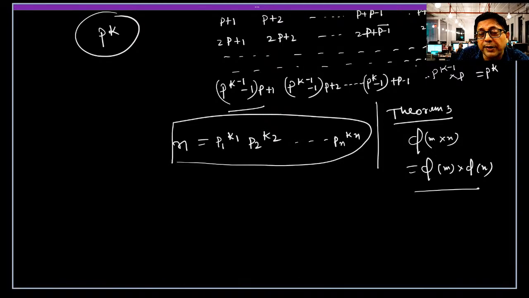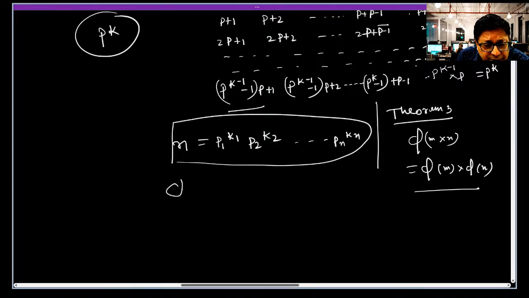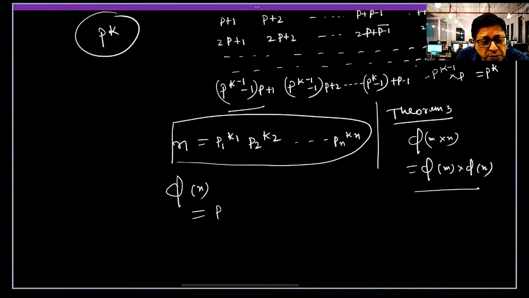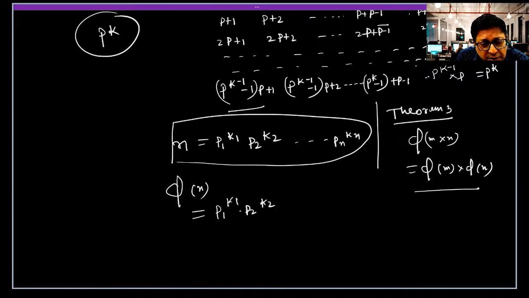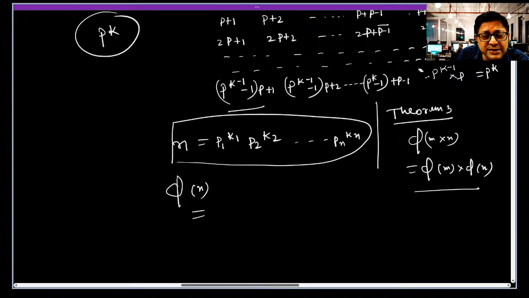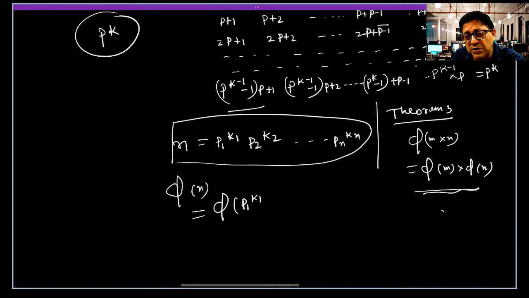Now by the fundamental theorem, if those primes are taken p1, p2, pn and their indices are k1, k2, kn respectively, then phi n will be equal to this number n itself. Or one thing you can write: by using the multiplicative property, this can be extended for 3 numbers also.